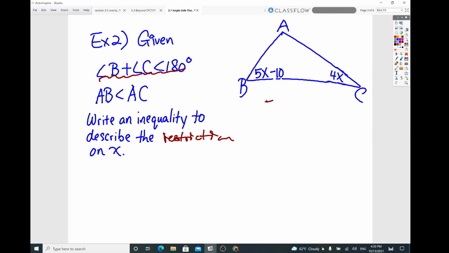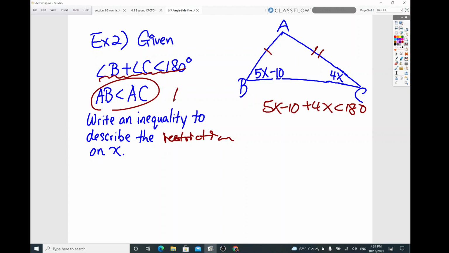So we can set up that 5x minus 10 plus 4x is less than 180, because the measure of all the angles of a triangle always equals 180. Since we're just adding two interior angles, this one is always less than 180. Another thing that we notice is the inequality: segment AB is less than segment AC.